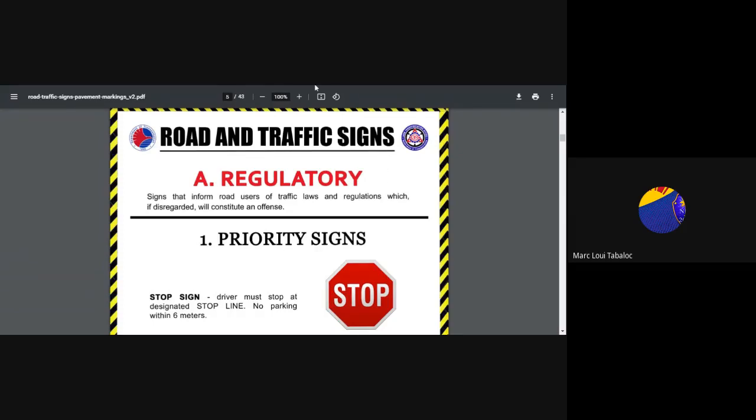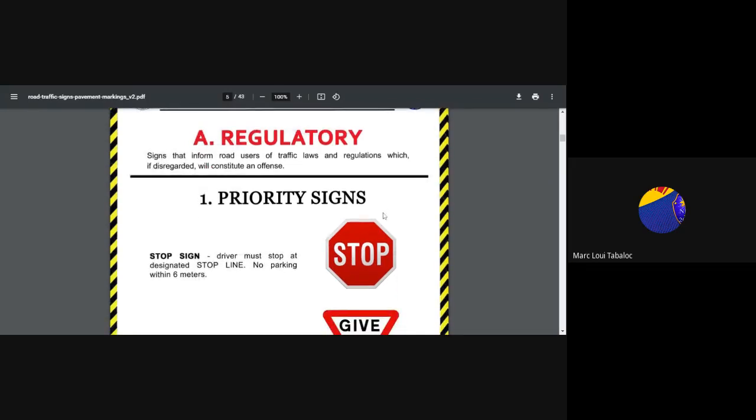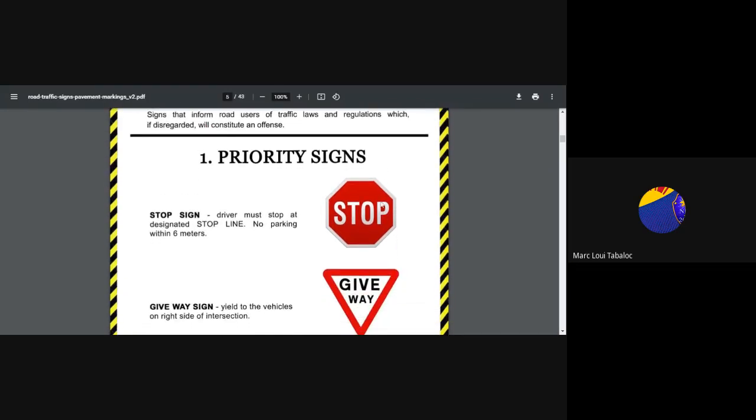Okay? Ayan. So, yung nakikita ninyo is the first classification of traffic signs. Ayan. Yung mga tinatawag na regulatory road signs or traffic signs. Ayan. So, there are examples. For example, yung mga priority signs, yung commonly nakikita nyo kasi sila yung nagbibigay ng importance sa pag-inform sa road users on what to do.